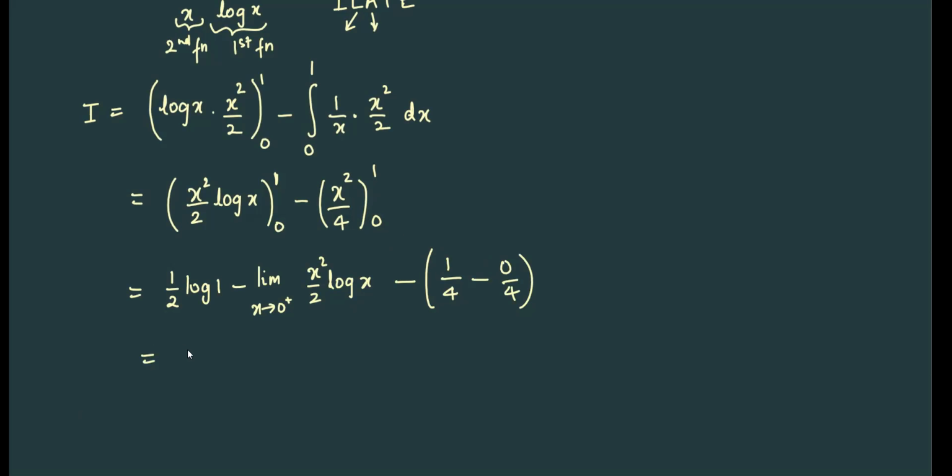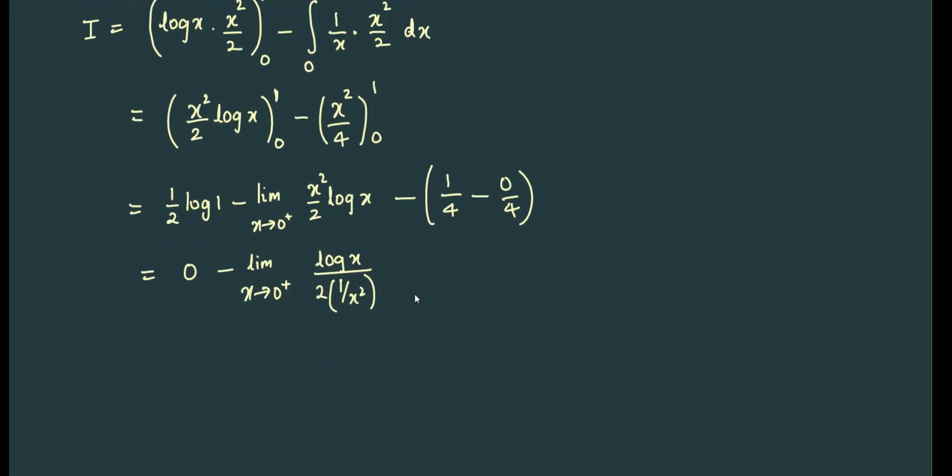Now this is 0 minus, now we'll have to use L'Hospital's rule: log x by 2 into 1 upon x square, minus 1 by 4.